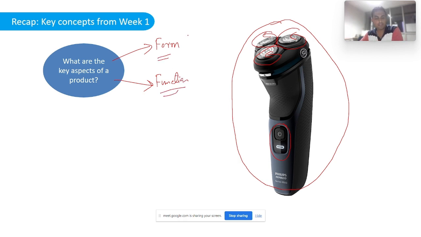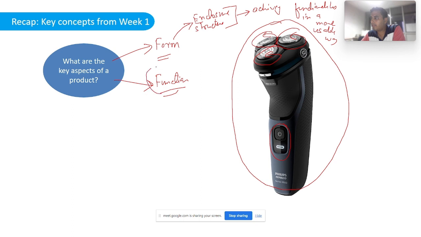The form is basically the enclosure, or the structure. So form is more like an enclosure or structure that enables achieving the functionalities in a more usable way.